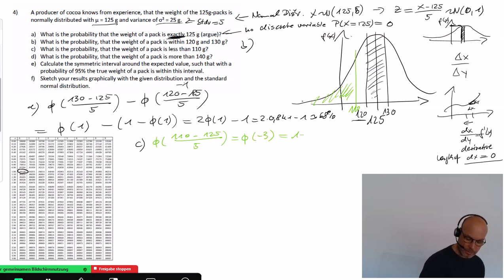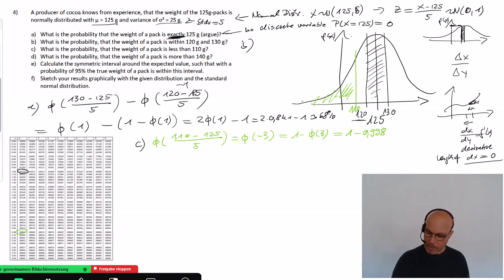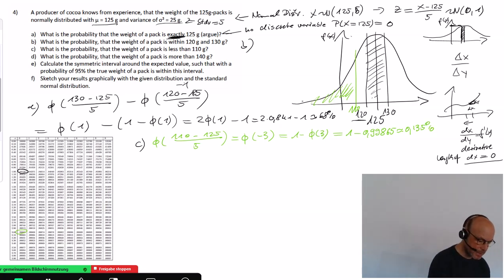So 1 minus phi of 3, and this is down here 0.998 and 865, and this is then roughly 0.135%.